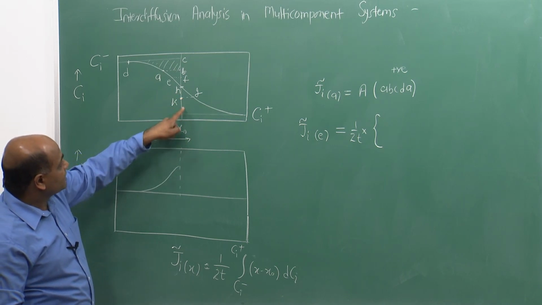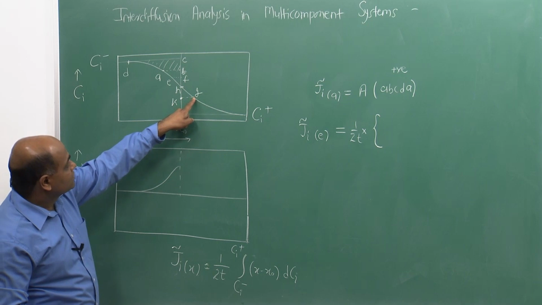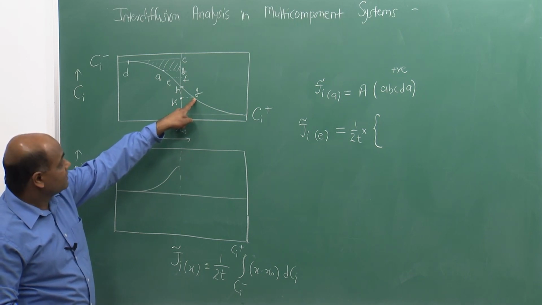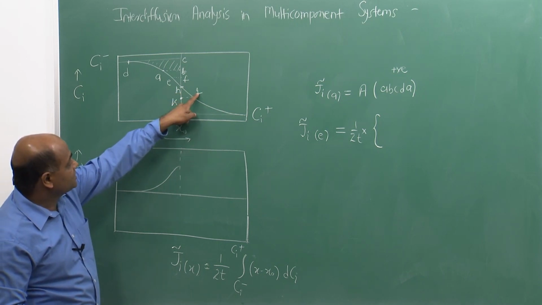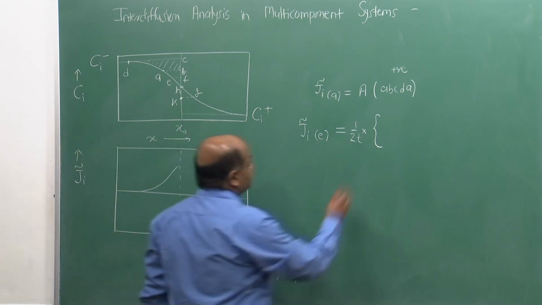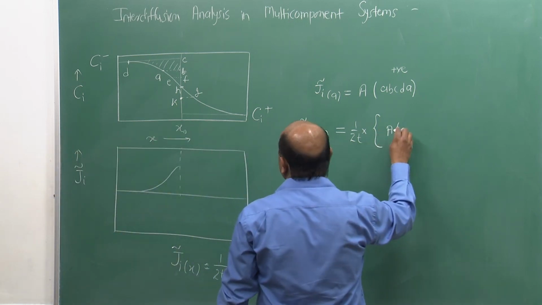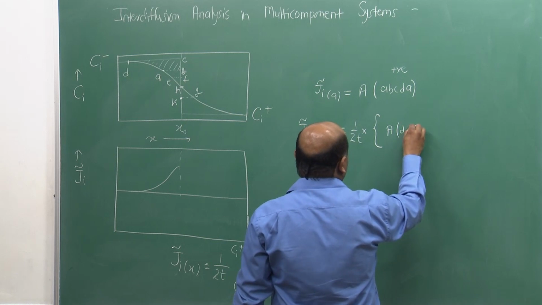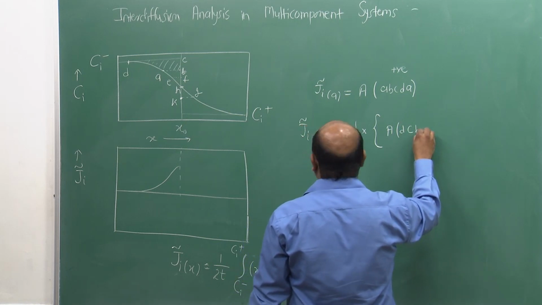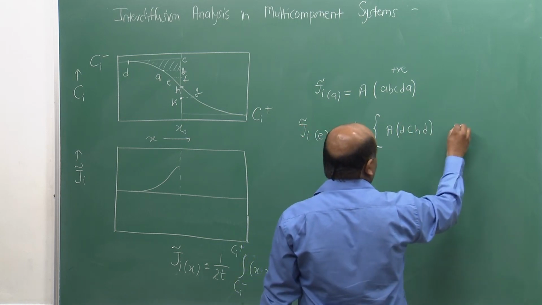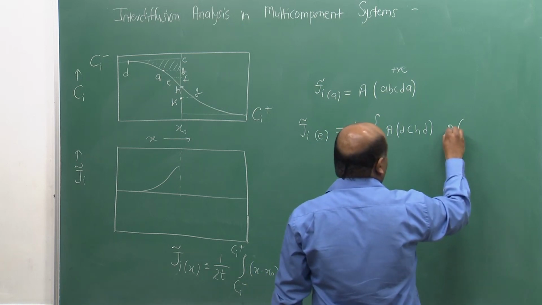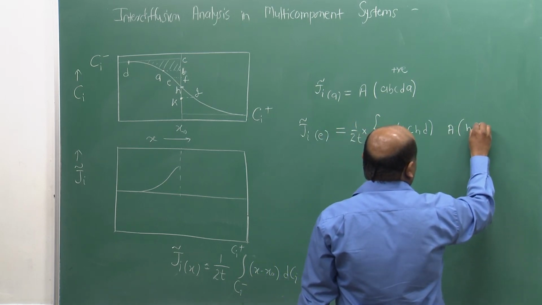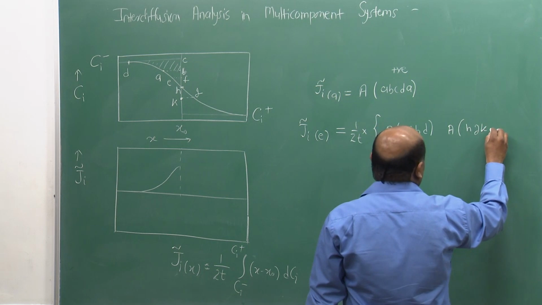Next, the integral from x naught to point G, that would be area H G K. So, this will be area D C H D and area H G K H.